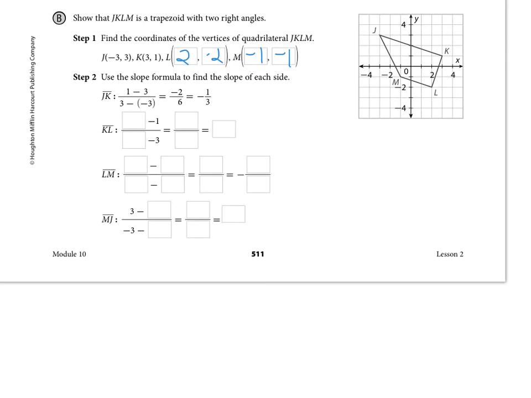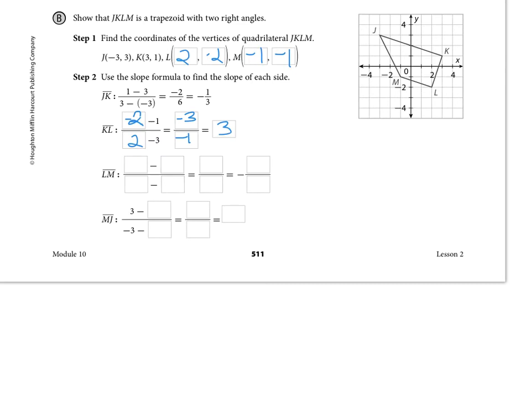And then we need to find the rest of these slopes. They found JK for us, so we'll go to KL next. It's going to be -2 minus -1 over 2 minus 3, which is -3 over -1, or +3.